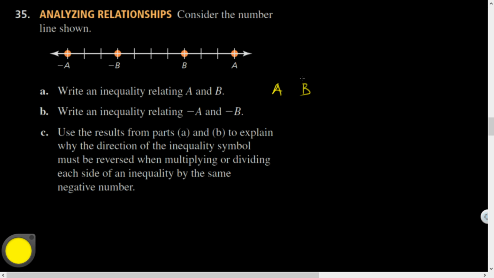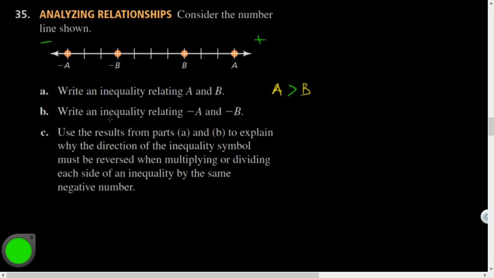Which one's bigger, smaller, equal? Which one is bigger on a number line? Here's the positive axis, the negative axis. What do you think? A on the positive side of B means A is bigger than B.